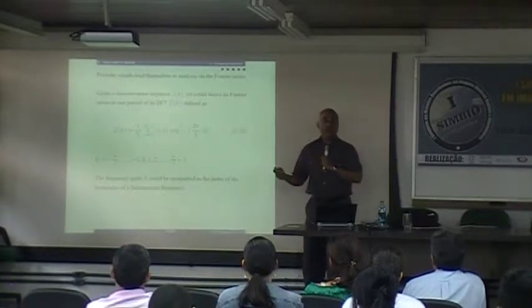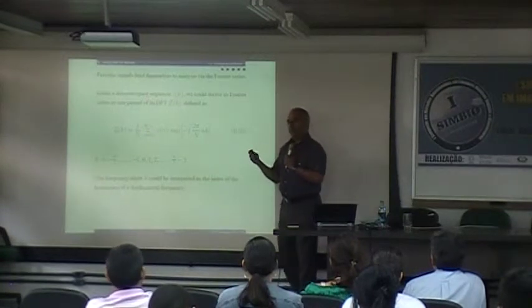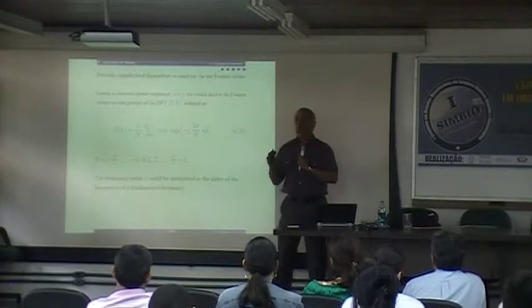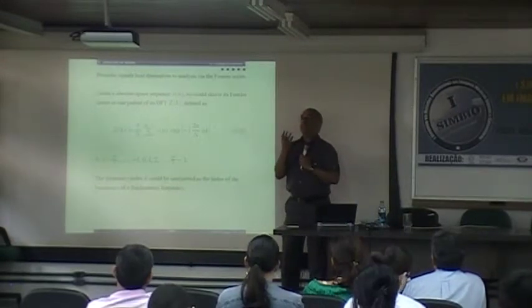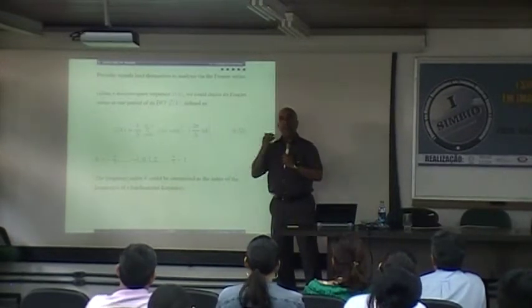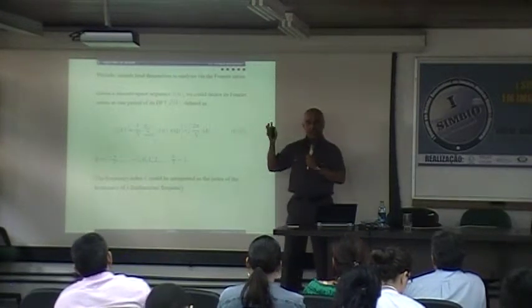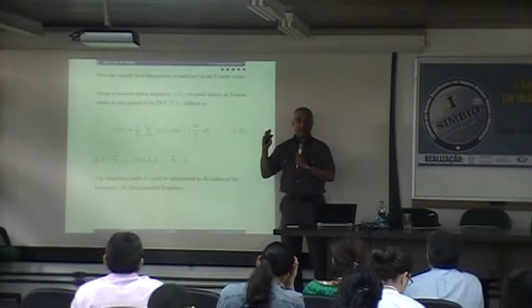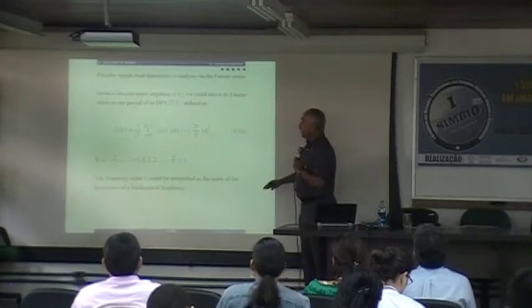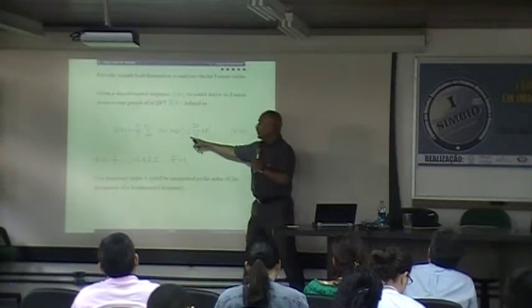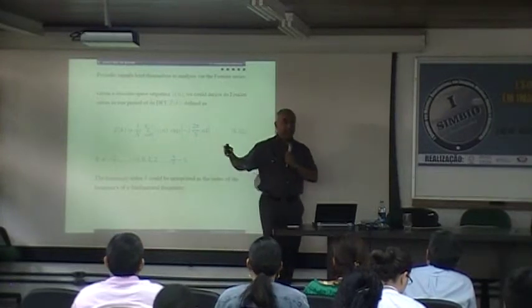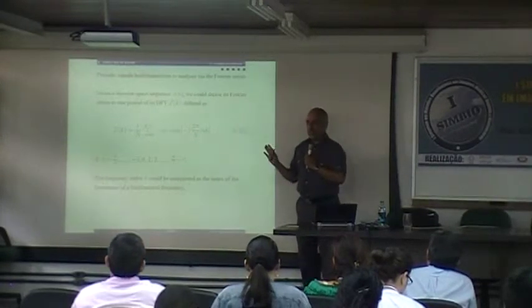Here the input is complex. In most signal processing applications, the input is real. If you take my speech, take the Fourier transform, my speech is a real signal. The Fourier transform has conjugate symmetry for positive and negative frequency. Here, the input is complex, the output is complex, but it does not have conjugate symmetry.